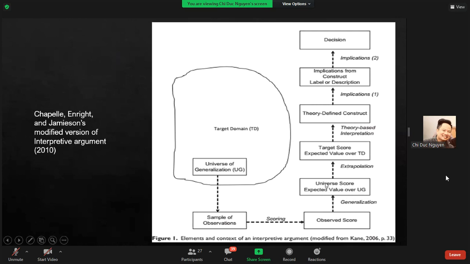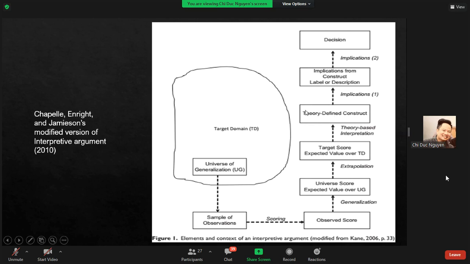After that, from this consistent score, we need to ensure that the score can predict future performance very well. So we have extrapolation over here. And from this extrapolation, we need two other inferences before we come to the decision. The first one is that if this score can predict future performance very well, it must align with some theory in our field.